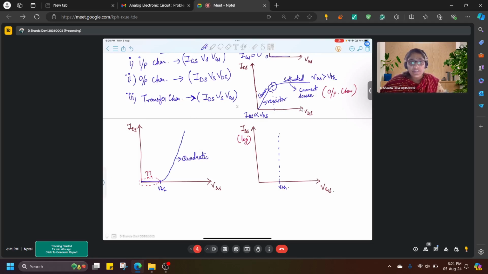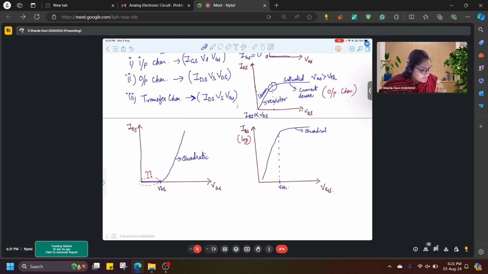So before VTH, actually the current is exponential in nature, then it is quadratic, right?